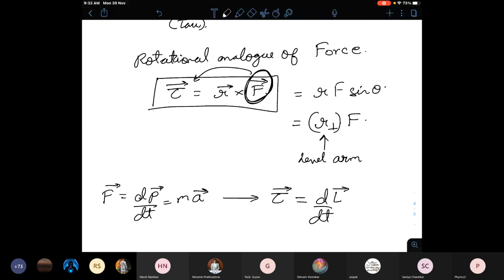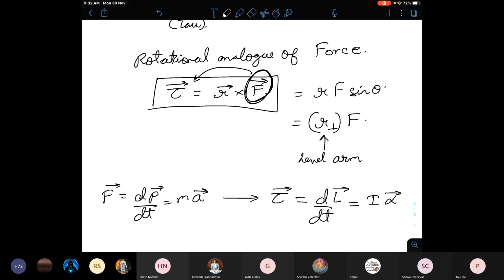This will be equal to m into a. The rotational analog of mass is I, the moment of inertia, and acceleration is alpha. So torque is equal to dL by dt, or I alpha is another way to calculate torque.